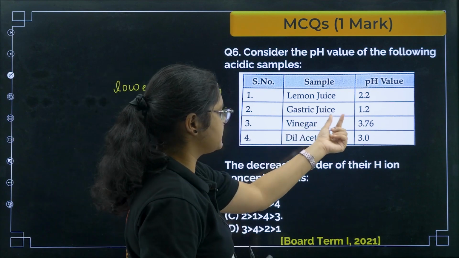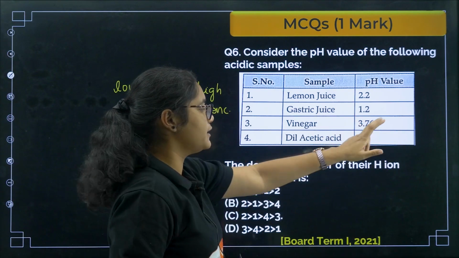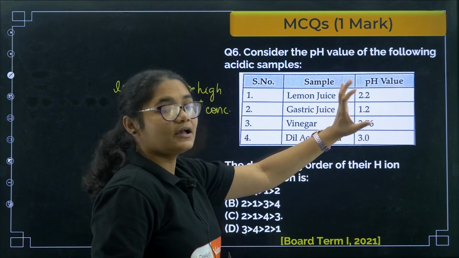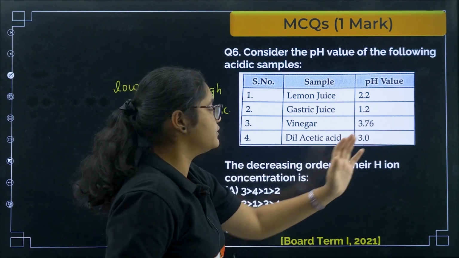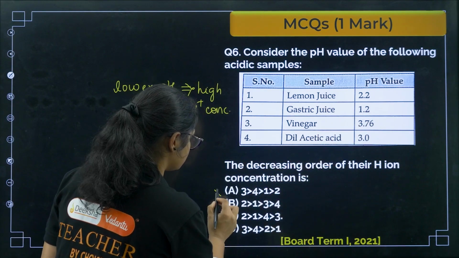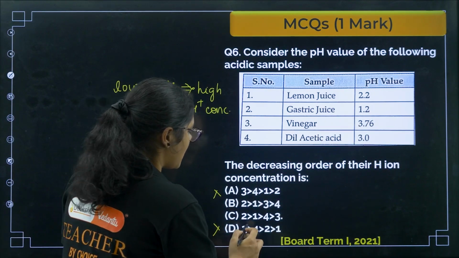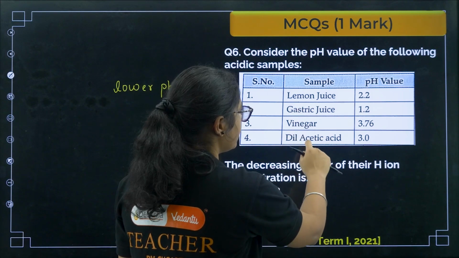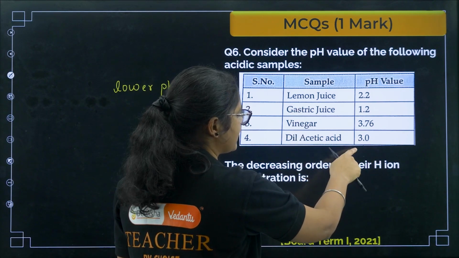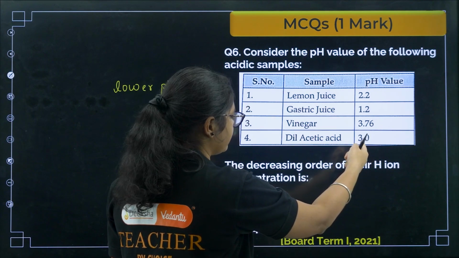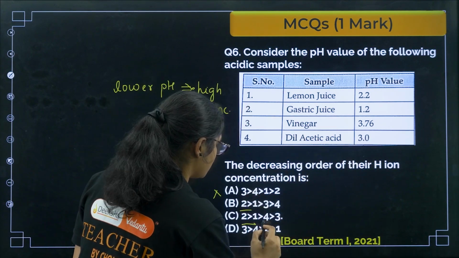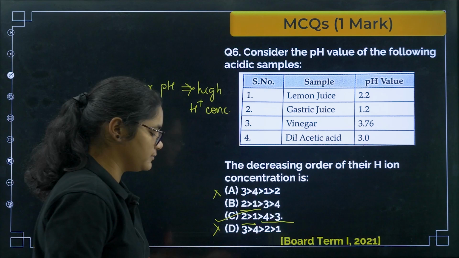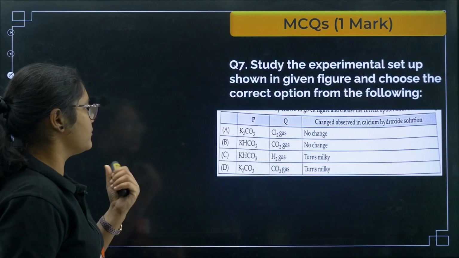Now if you see gastric juice is having the least pH value of 1.2, so its hydrogen ion concentration will be maximum. So 2 will be maximum, so we can eliminate these two options. After that we have 1, 4 and 3. Now you see 3 is having less pH value, so it will have more hydrogen ion concentration. So after 2, 1, there will be 4 and then 3. So option number C is the correct answer here.